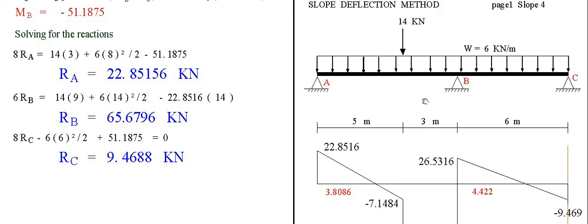Again, the moment at B is negative. Negative. Moment at B is negative, like this. RC times 6. This is 6.